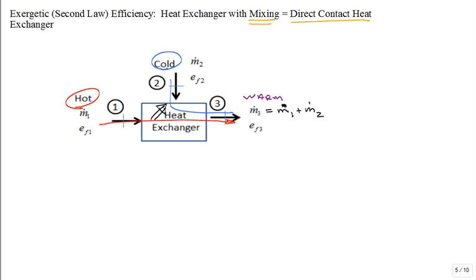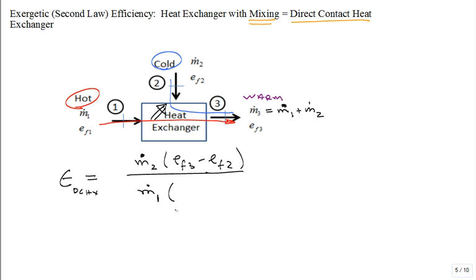So if that helps, then what we do is we say the exergetic efficiency for this direct contact heat exchanger would be the mass flow rate of the cold fluid times the increase in the exergy, EF3 minus EF2, divided by the mass flow rate of the hot fluid times its decrease in exergy, EF1 minus EF3.